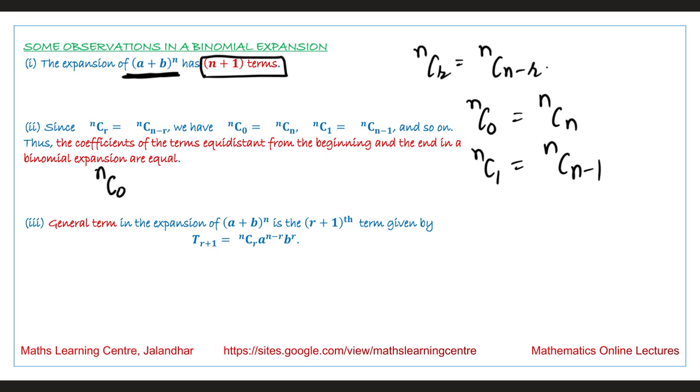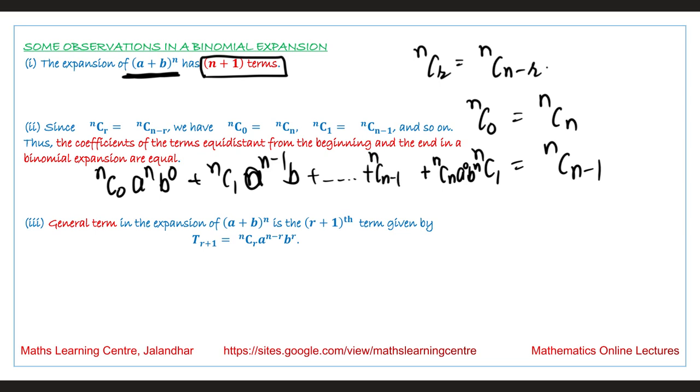Writing the binomial expansion: nC0, a raised to the power n, b raised to the power 0, next nC1, a raised to the power n minus 1, b, plus and so on up to the last term, nCn, a raised to the power 0, b raised to the power n. The second last term is nC(n-1), a raised to the power 1, b raised to the power n minus 1.